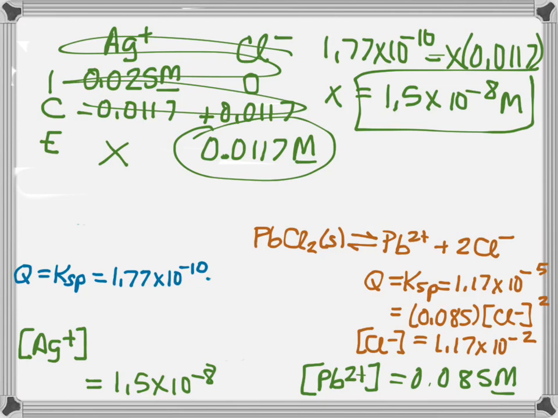Now, it depends on how the question was asked. If the question asked if you added 0.0117 molar enough to make it, then our previous answer would be correct, but alas.